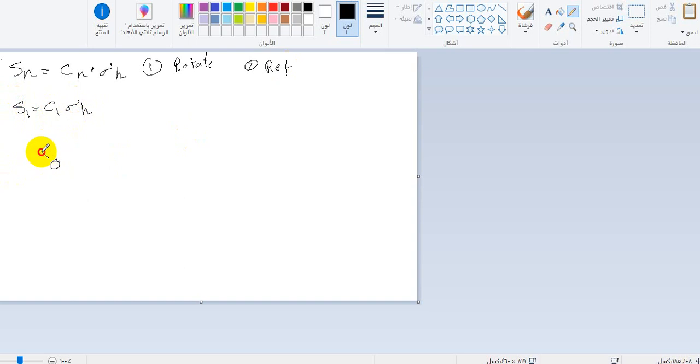Take this example: O, H, H. Remember the three atoms are not in the same level. C1 is the identity, do nothing.